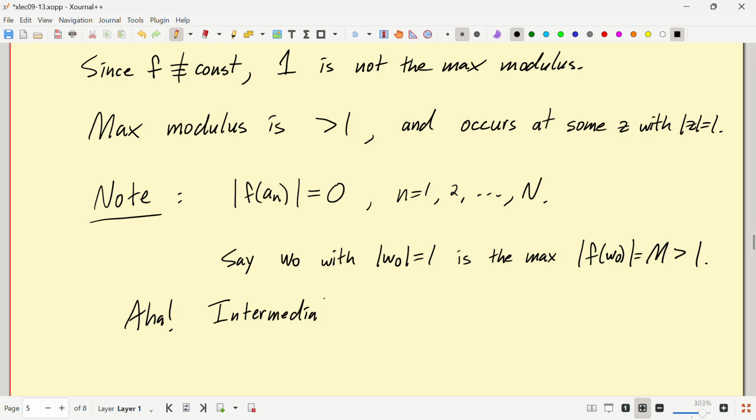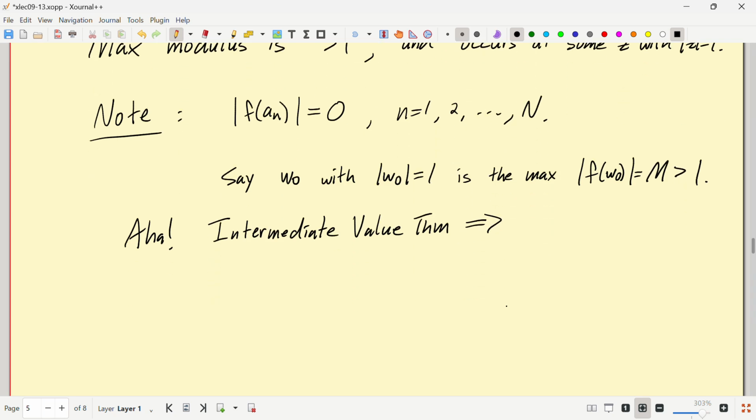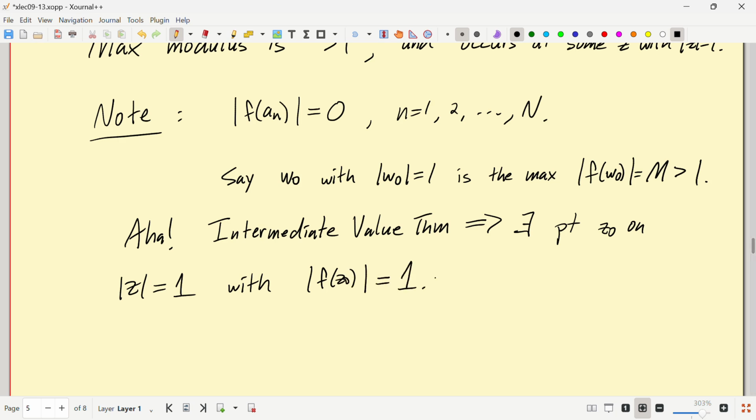And so the intermediate value theorem from freshman calculus, or math 341, implies, let's see, so what's the continuous function I'm talking about? There exists a point on the boundary, which in this case is z_0 with modulus 1, with the modulus of f of z_0 equal to 1.